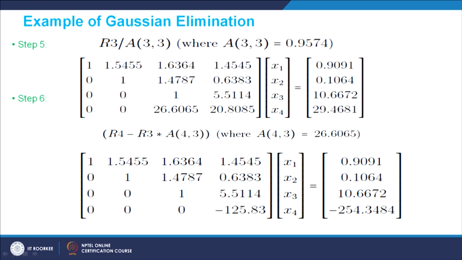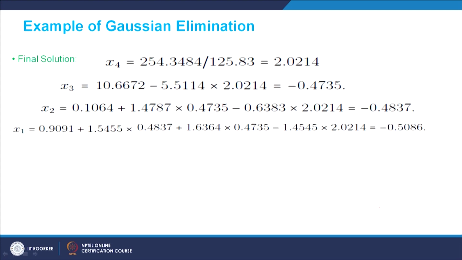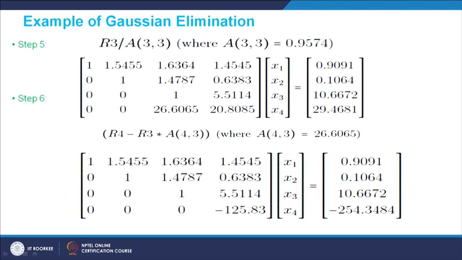So now what have we got? Now our final solution x 4 would be this divided by this, all are minus, so the minus has been omitted. x 3 would be this minus 5.5114 into x 4.